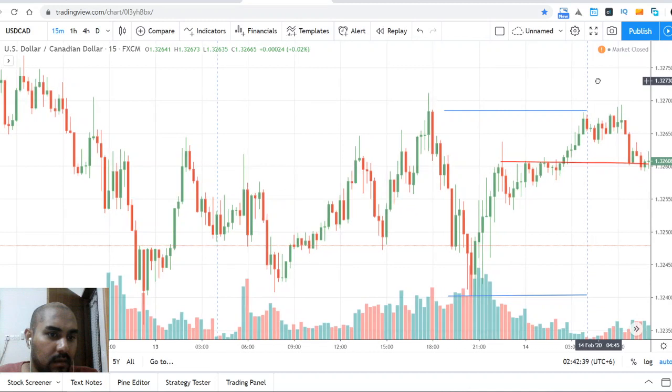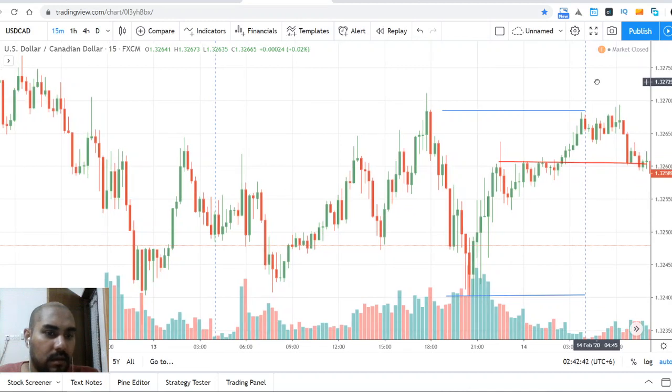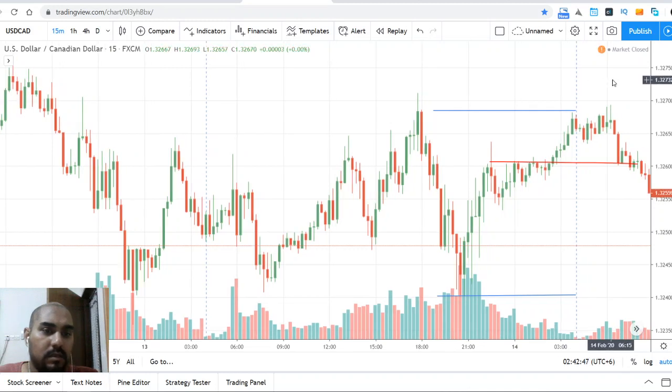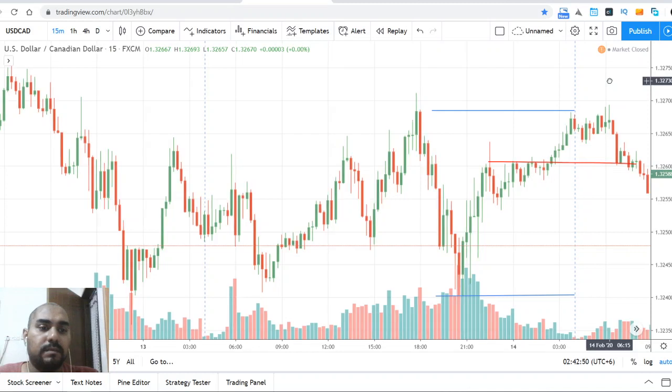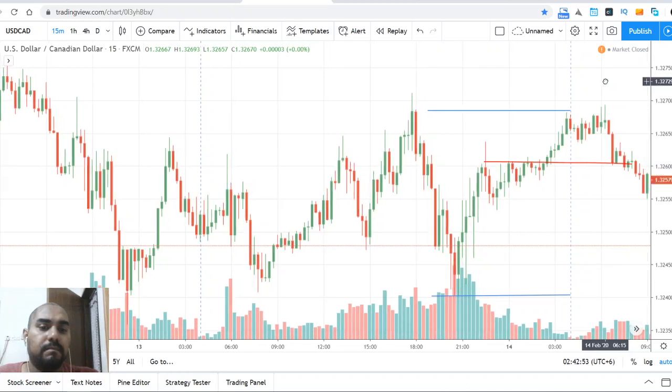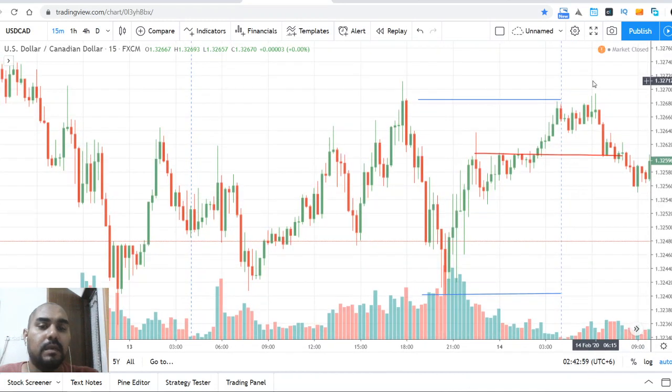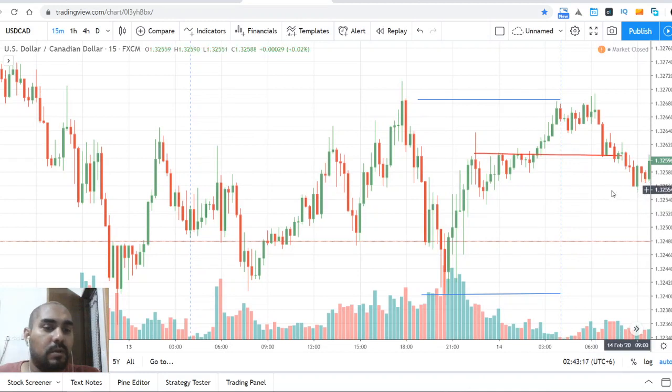More sellers coming in. Okay, the sellers have taken over. This is a big range, so it means the big boys are getting ready for something. I don't know what yet. If prices hold up here, I think that's going to be a buy.